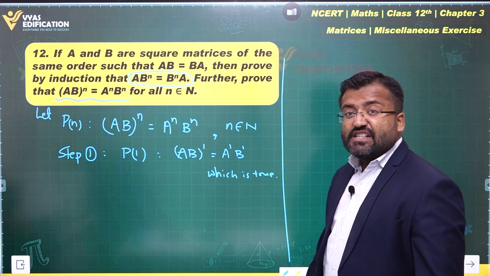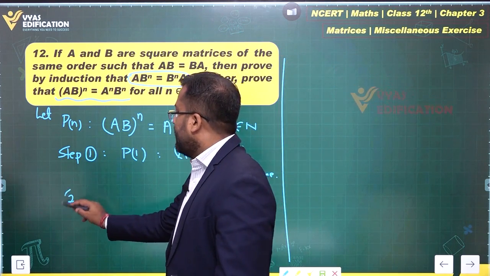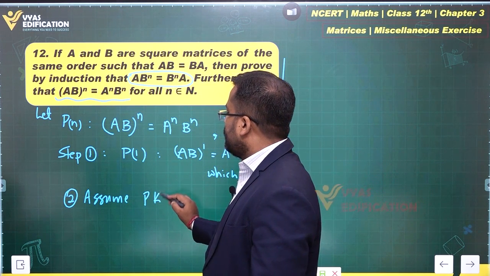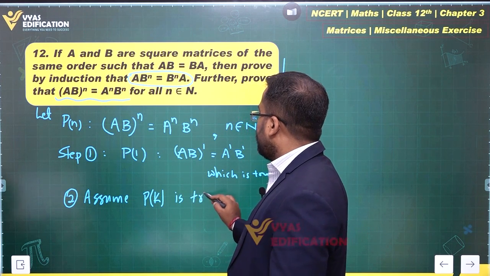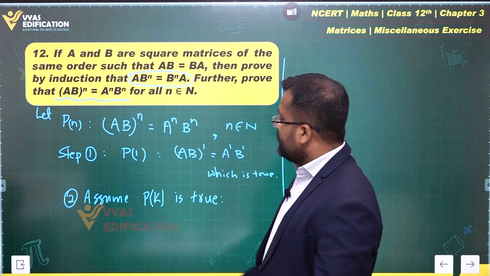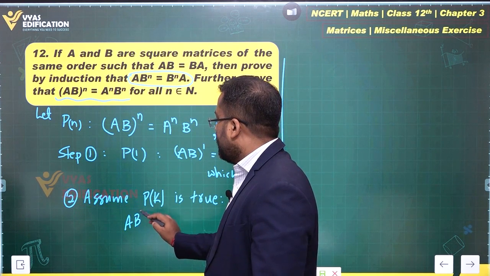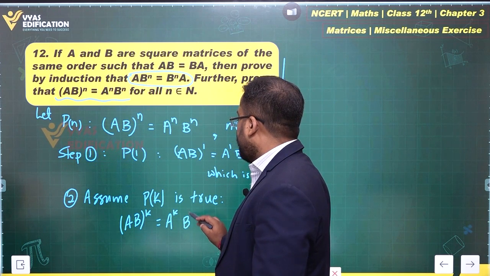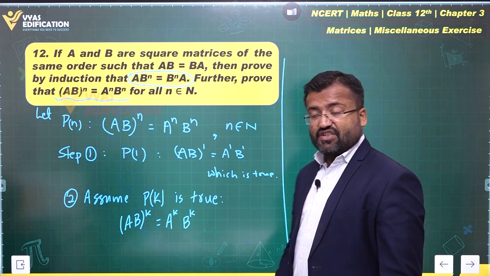Principle of mathematical induction step 2 says that assume Pk is true. What does that mean? Pk is true implies that (AB)^k is equal to A^k B^k. This is assumed.